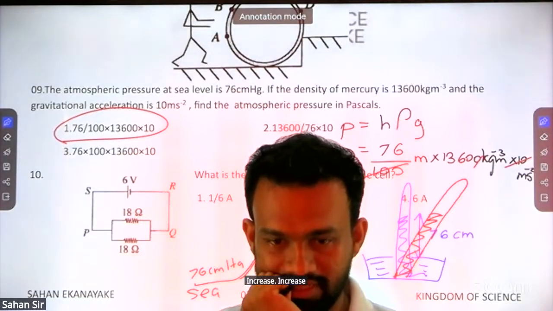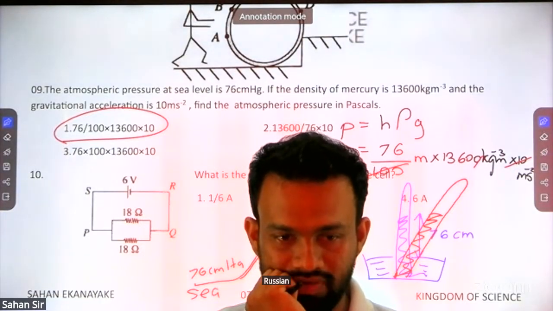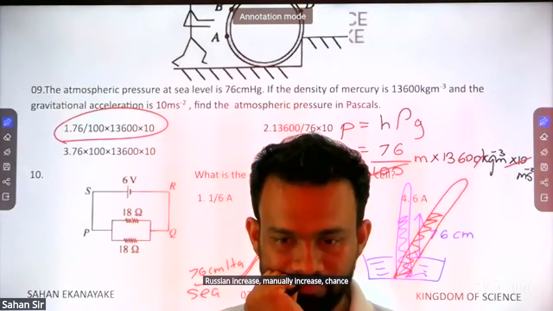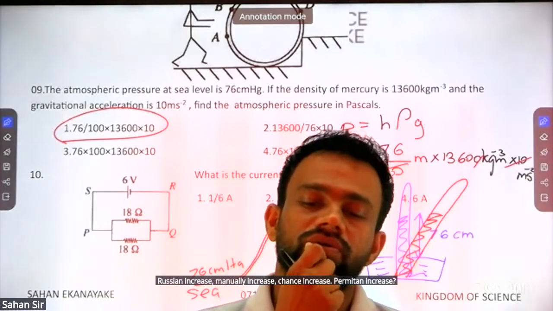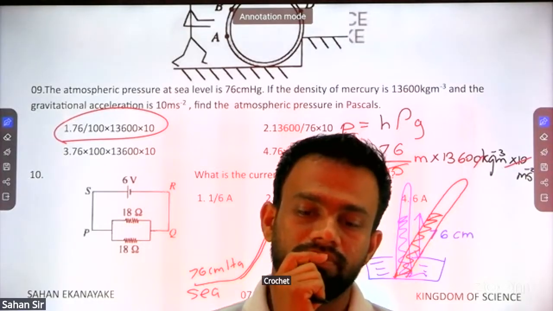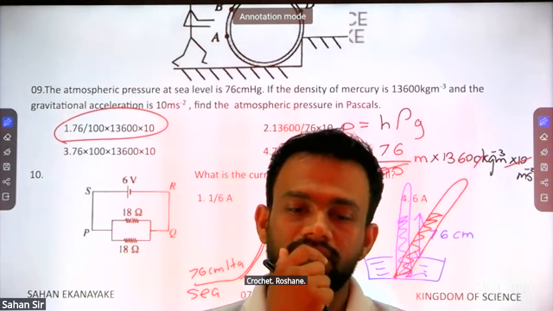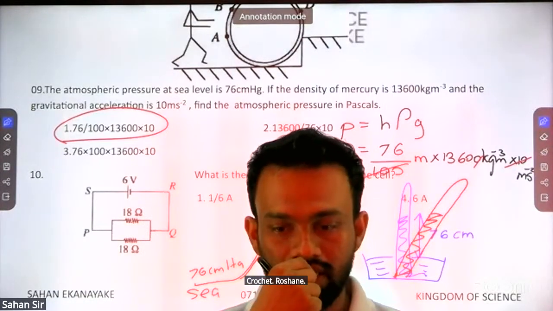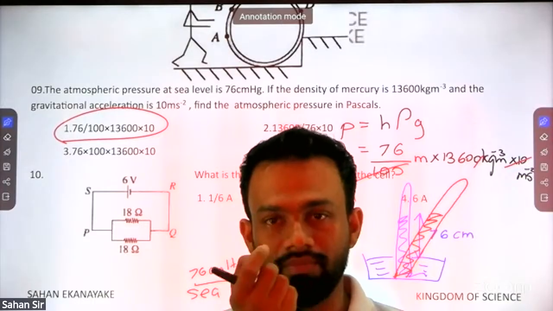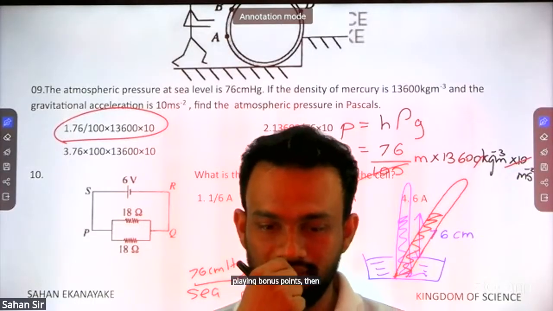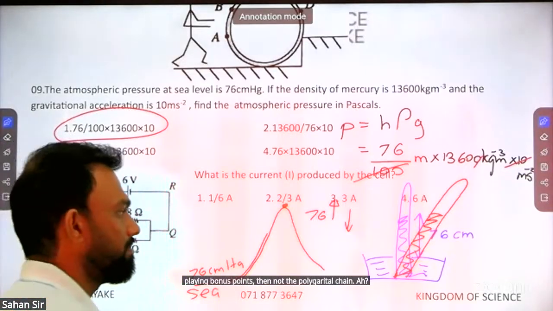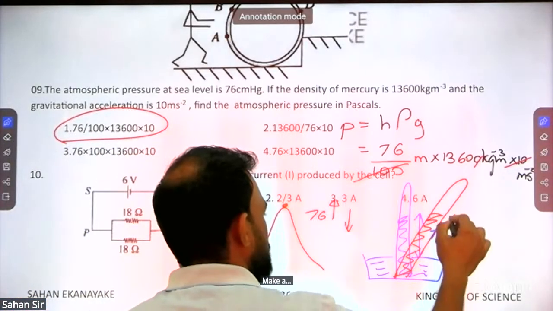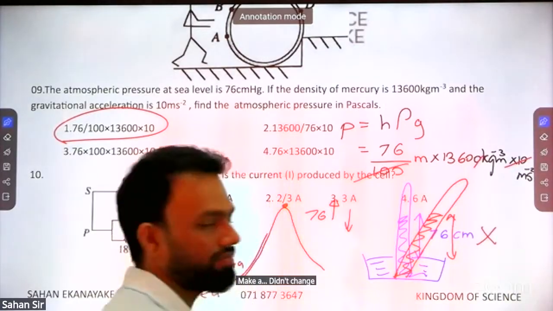This increase, Roshan increase, Menuli increase, Sehansa increase, Sarnitan increase. Roshan, nothing changes. The same value.